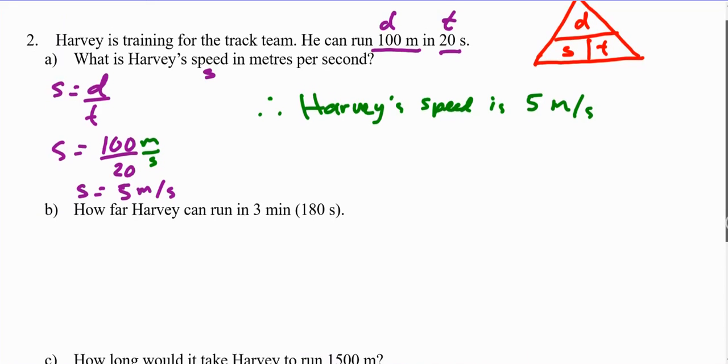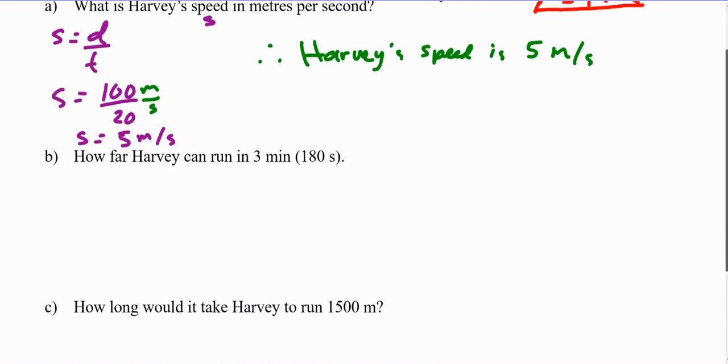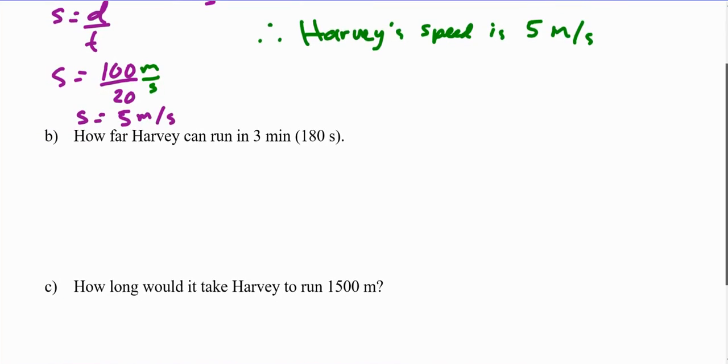Okay, next. Well, this is where the rearranging comes in. So don't look at your triangle because that would be cheating. Instead, look at your formula here. So how far can Harvey run in 3 minutes? Not a very good question here, but they've done the conversion for us already, which is really nice.